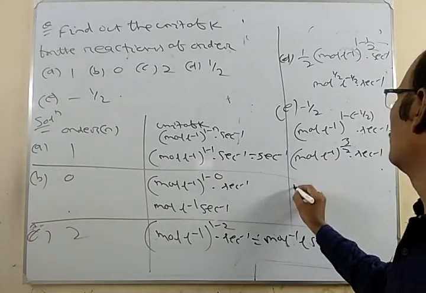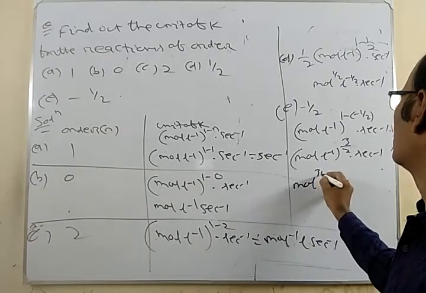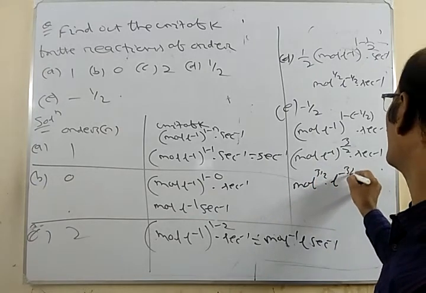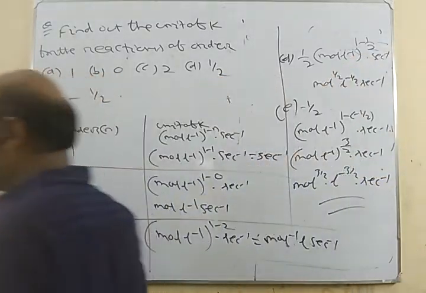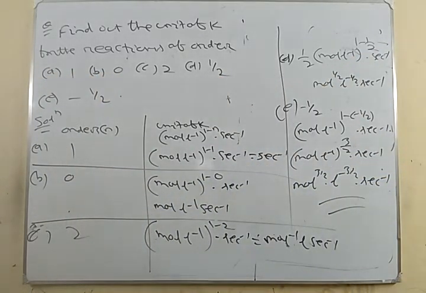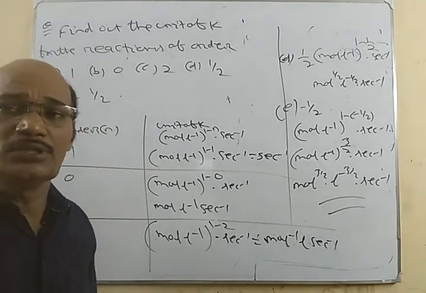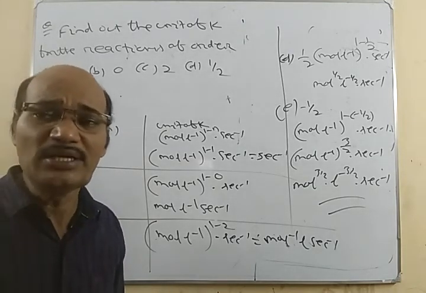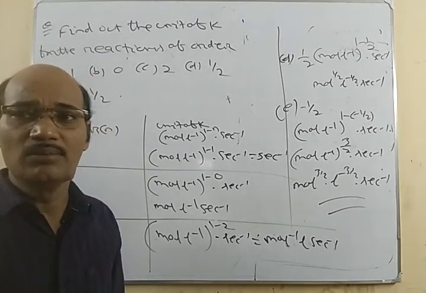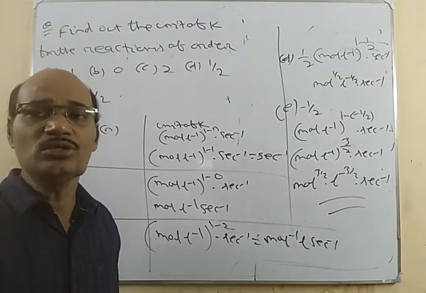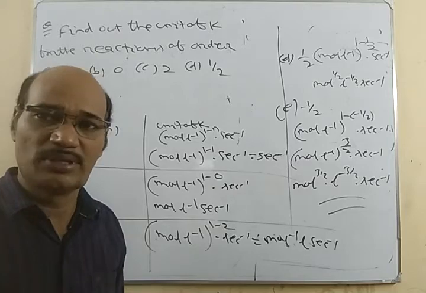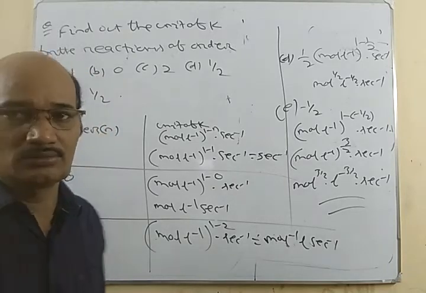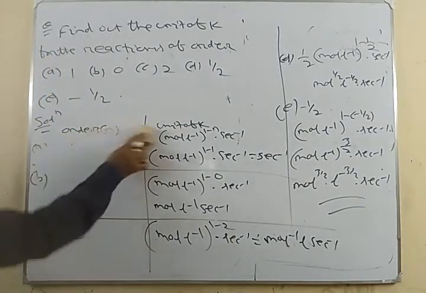That means mole power minus 3 by 2, liter power 3 by 2, into second inverse. So in this way we can find out the unit of the rate constant of reactions of different order. Simply you put the formula: mole liter inverse power 1 minus n into second inverse, where n is the order of the reaction.